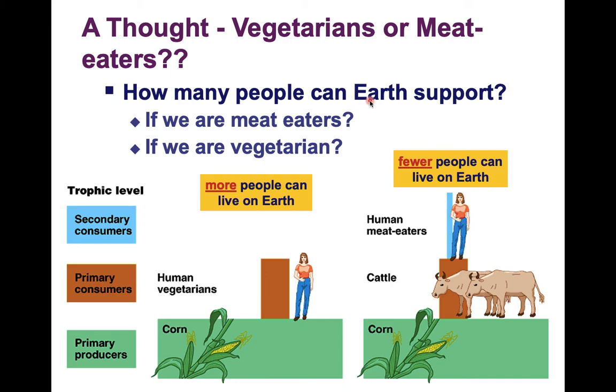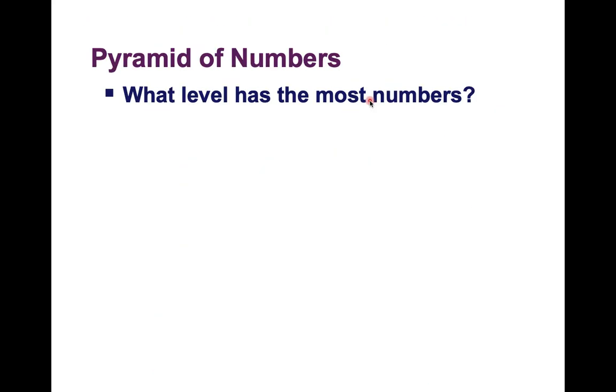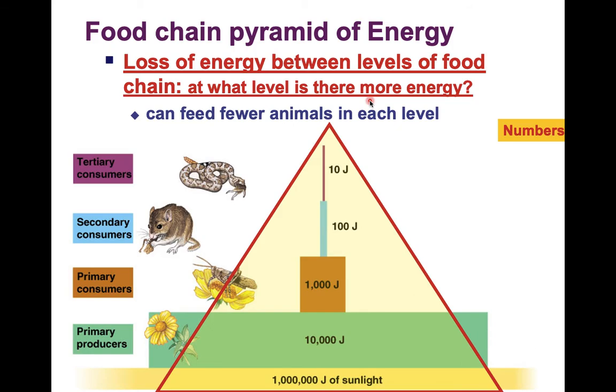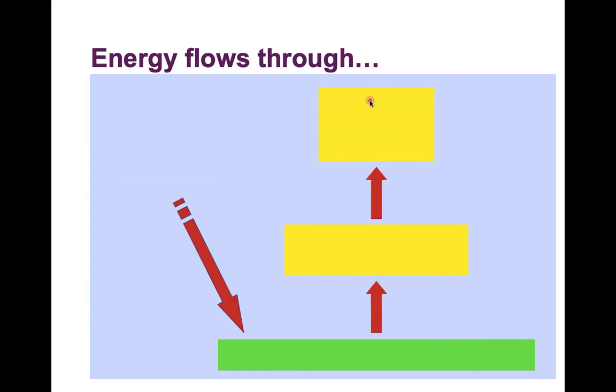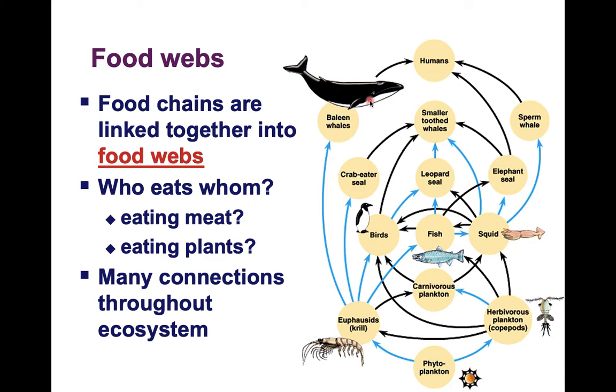Okay, there it is. All right, so let's go back to the food web because this is one part that we have not looked at. So the food web is on the back of your note taker. So what do food webs show? So food webs are linked food chains. So a food web shows the feeding relationships of many different organisms that are part of a linked food chain.